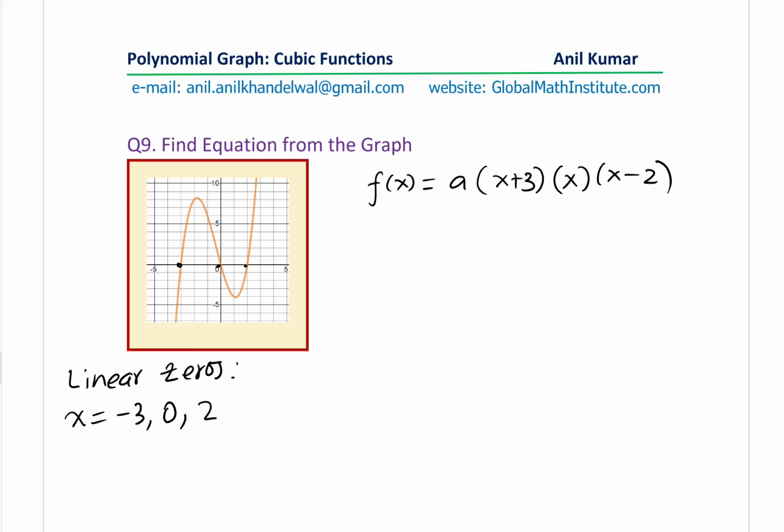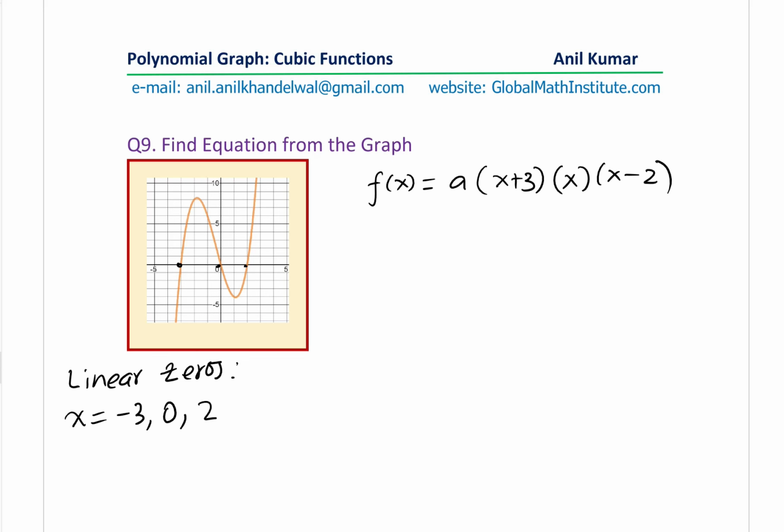Now to find the value of a, again, this time we have the 0 at the origin. The y-intercept is also 0, so we have to define another point, figure out from the graph which could be a good point, and then we have to find the value of a.